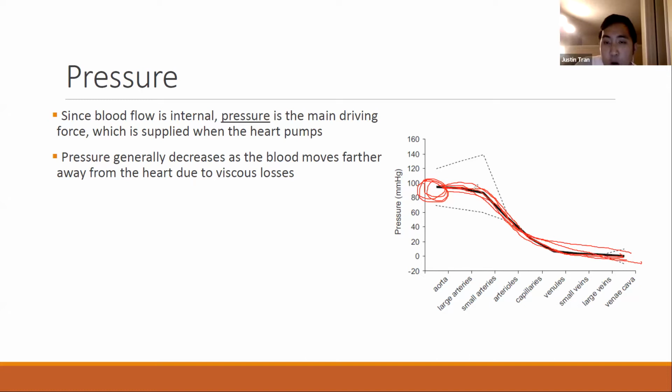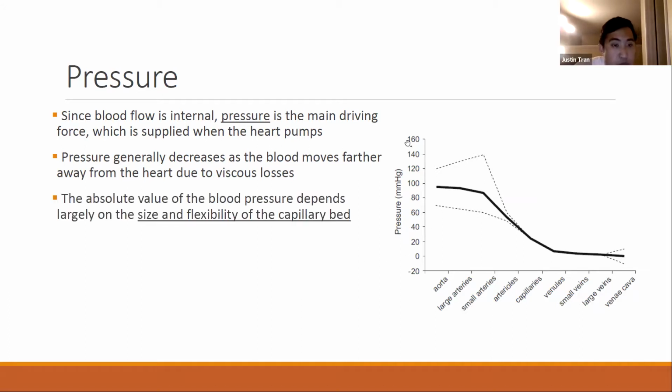And so in order to compensate for the loss of energy to the friction, the pressure must decrease in order to keep driving the flow forward, right? And so the cardiovascular system is the same way. And so depending on where you're measuring the blood pressure, you're going to get a different number, right? And so if you measure the blood pressure near your heart versus if you measure the blood pressure in your fingers, it's going to be slightly different. Okay. Right.